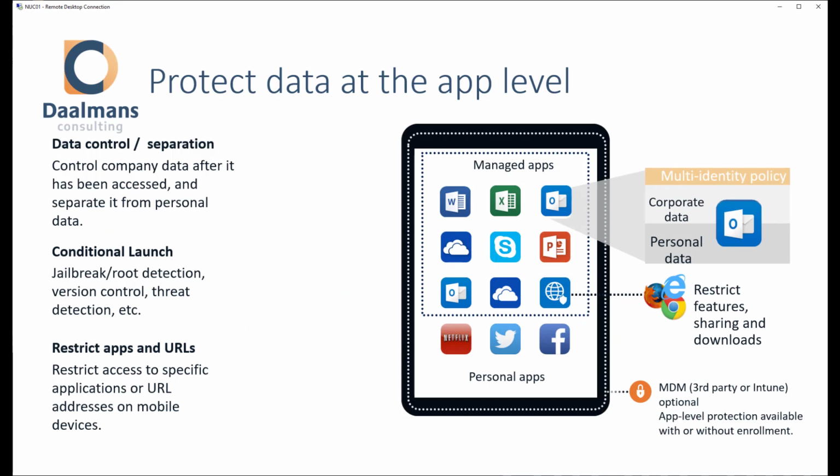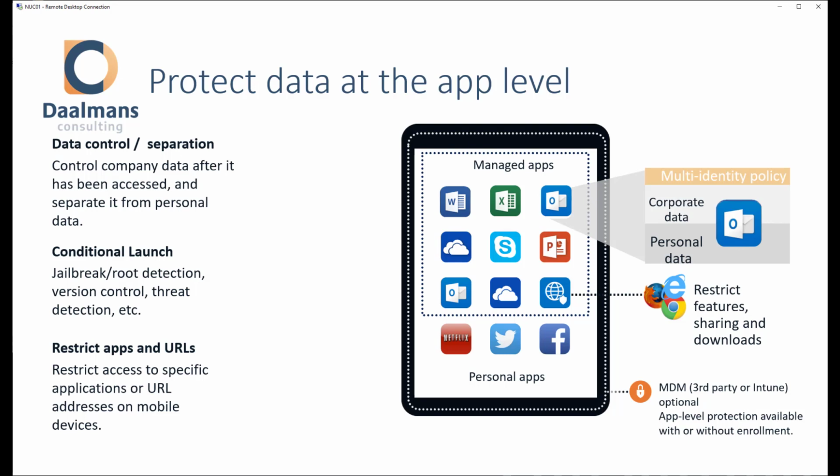So basically what it is, we can use Microsoft Intune enlightened apps to configure policies on those and protection policies. And most Microsoft apps support multi-identity. So if we look at the Outlook app, for instance, we have a corporate side and a personal side.